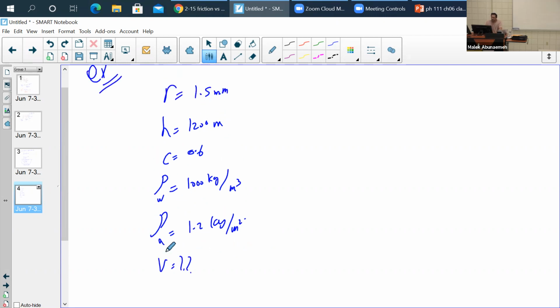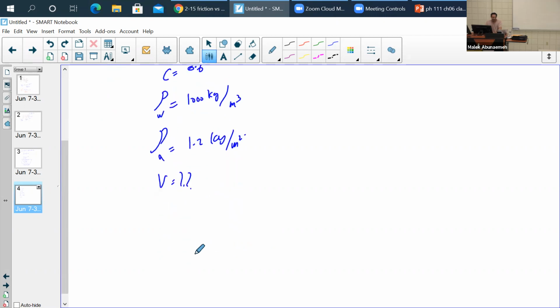So we get our information, what we're looking for. Now let's go ahead and write down what the terminal speed is. We know that the terminal speed, which we just derived a while ago, is going to equal the square root of 2 multiplied by the gravitational force over C, the density of the air, multiplied by your area.